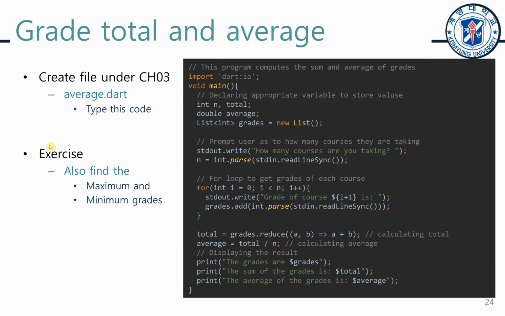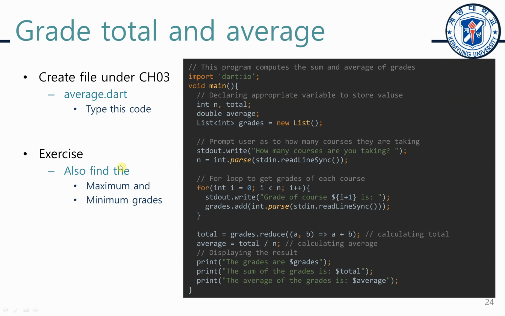So this is the program for the for loop. You can apply another for loop to find the maximum and the minimum of grades. That is kind of an exercise for you to update this average.dart program.